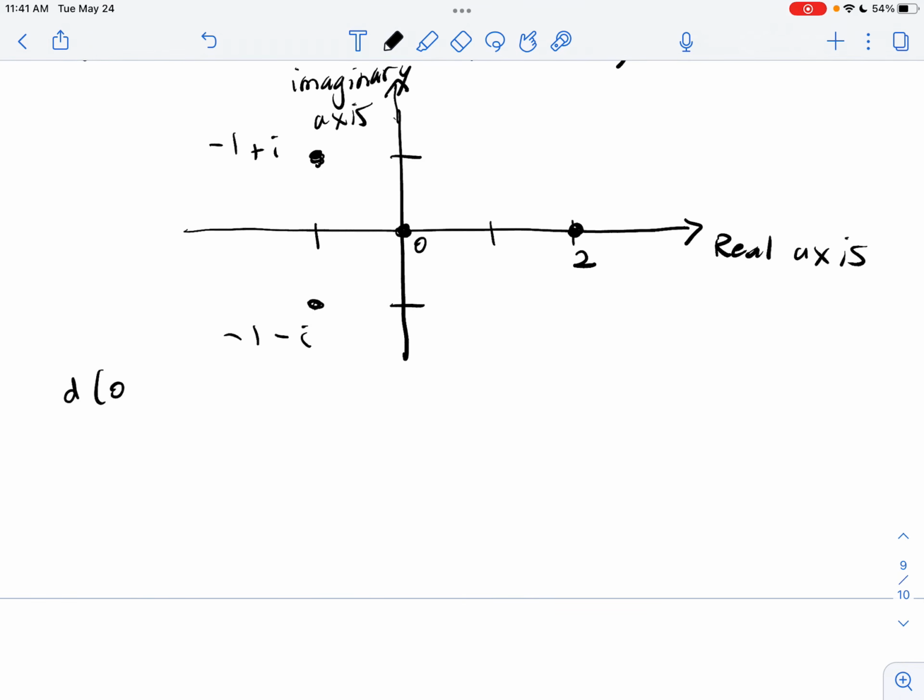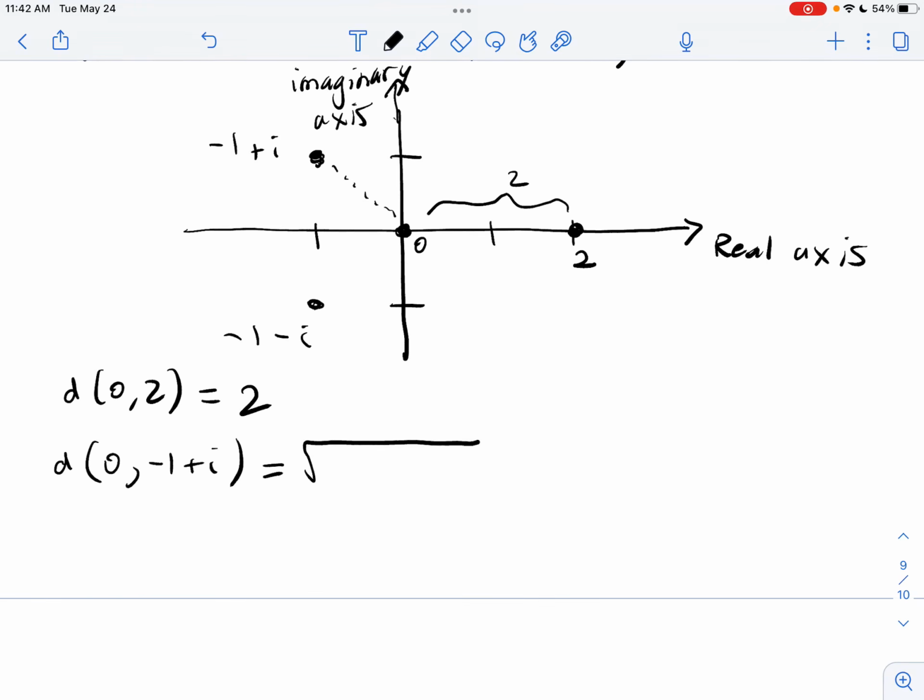So let's start by finding the distance from 0 to 2. I hope we can all tell that that's just 2, right? This distance is 2. Now, what about this distance right here? That distance, the distance from 0 to negative 1 plus i, remember guys, that's the same as the point negative 1, 1, and we're finding that distance.